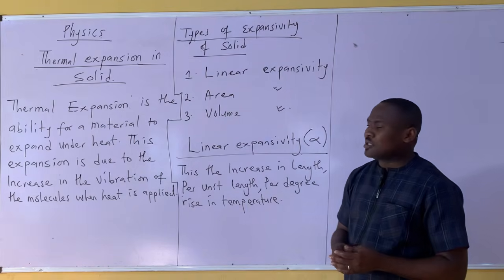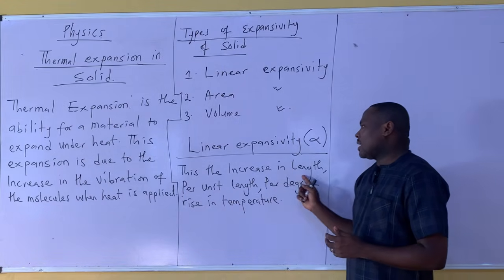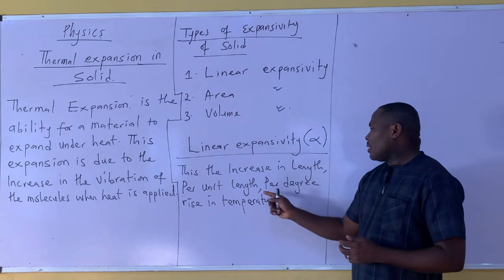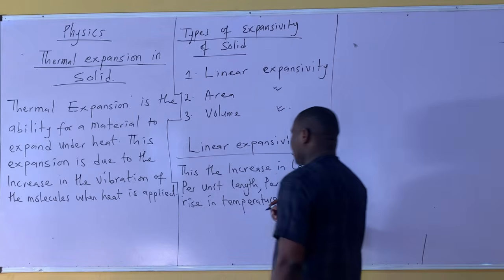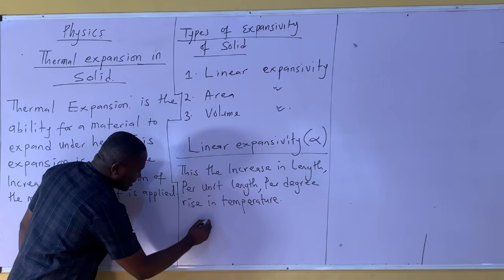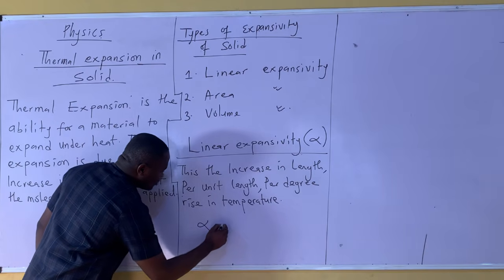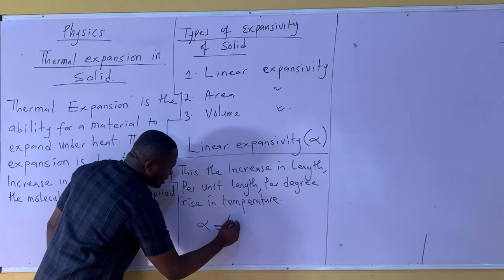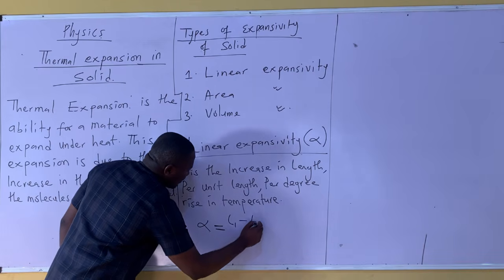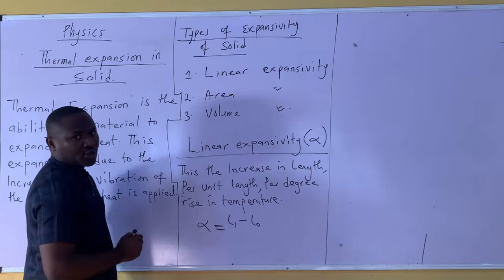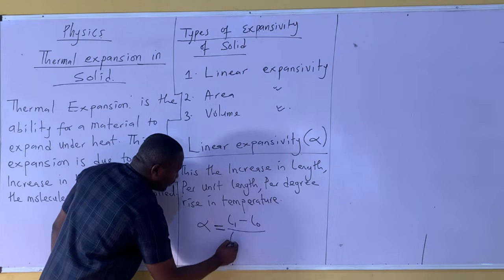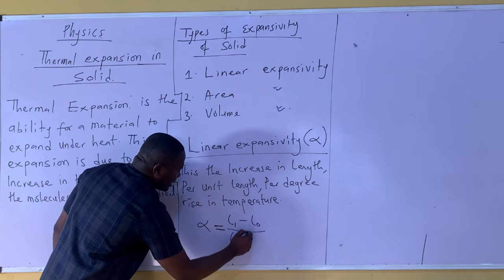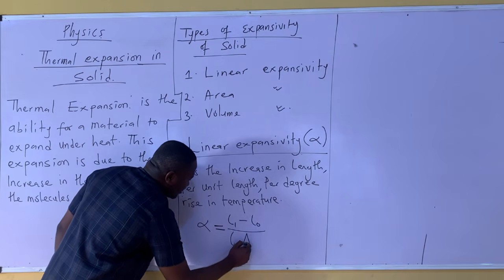What is linear expansivity? It is the increase in length per unit length per degree rise in temperature. How will I write this? Linear expansivity is equal to increase in length, which is called change in length, over original length, times change in temperature.